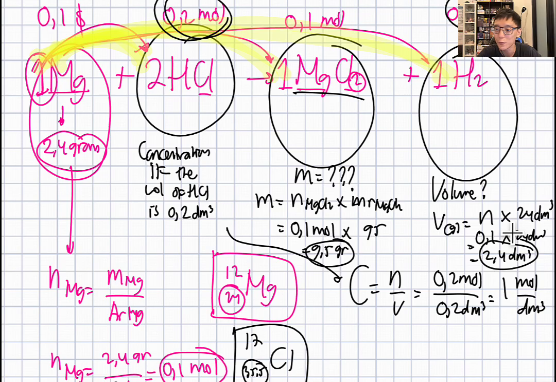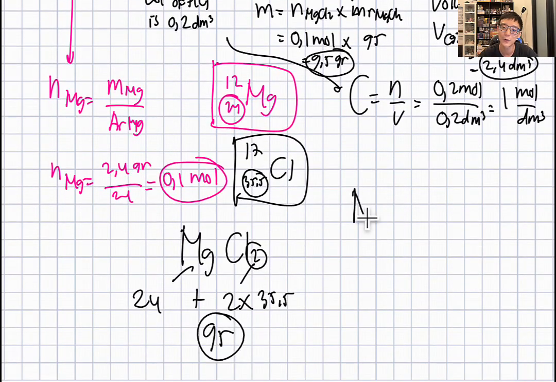If you need to find also the number of particles of any of these atoms or molecules, you can easily find it using the number of particles equals the mole multiplied by the Avogadro constant. For example, you want to find the number of particles of hydrogen, so just the mole of hydrogen multiplied by the Avogadro constant.